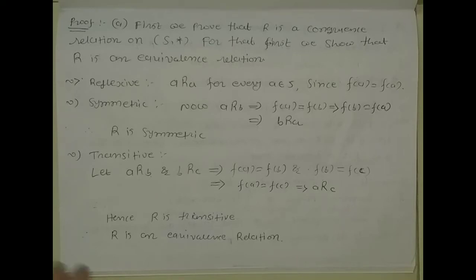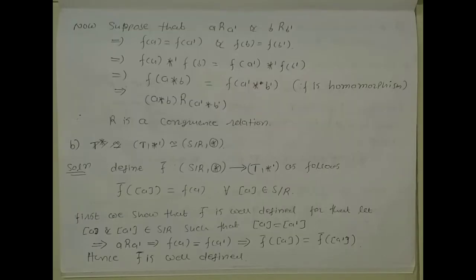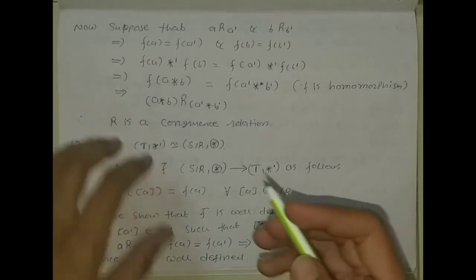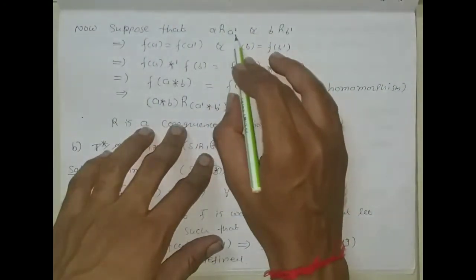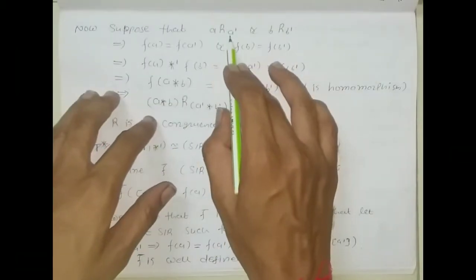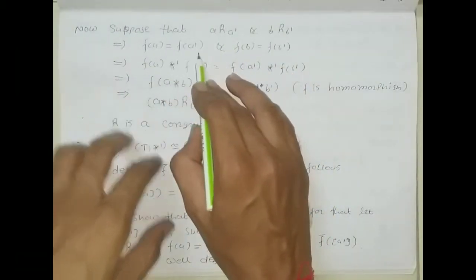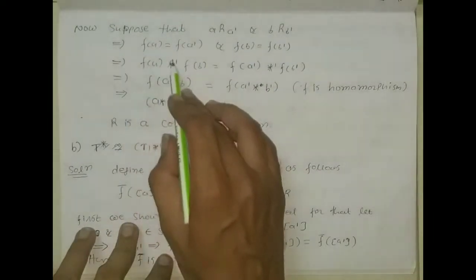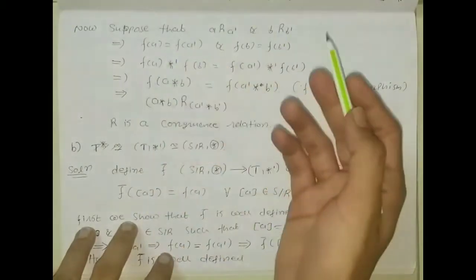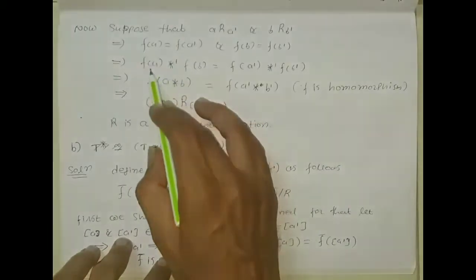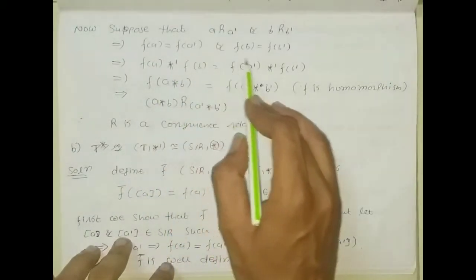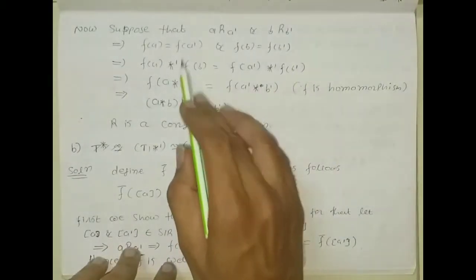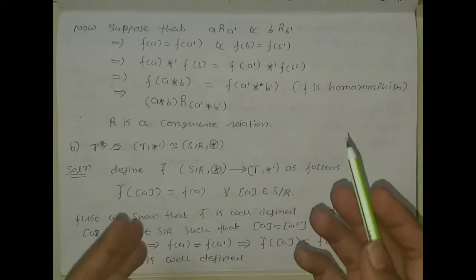Now the second property for the congruence relation. Suppose that A is related to A dash and B is related to B dash. We want to show that A star B is related to A dash star B dash. A related to A dash implies that f of A is equal to f of A dash. Similarly, f of B is equal to f of B dash. This implies that f of A star dash f of B is equal to f of A dash star dash f of B dash, where star dash is the binary operation for T. Now f is a homomorphism from semigroup S to T, which is onto.